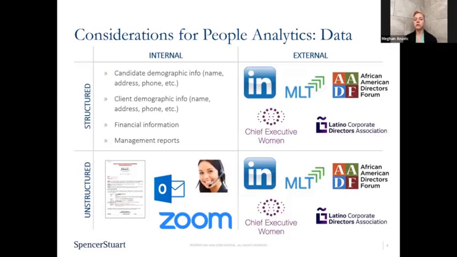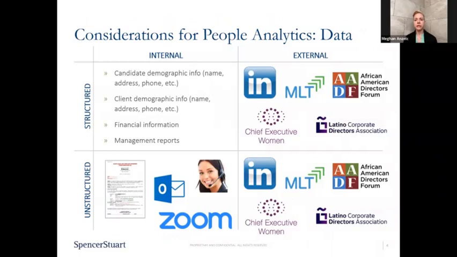Among the considerations for a computing environment, we needed to think about what data we had and wanted to use for analytics. Here on this slide, we've divided into categories of both internal and external data and structured and unstructured data sources. Given the nature of our business, within the HR space and the talent acquisition space, we have both structured internal data on clients and candidates, as well as unstructured data such as resumes and other documents.